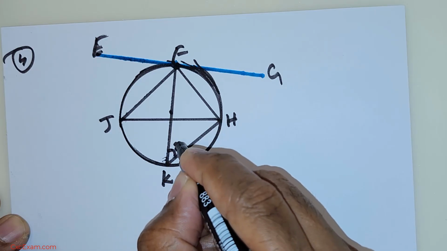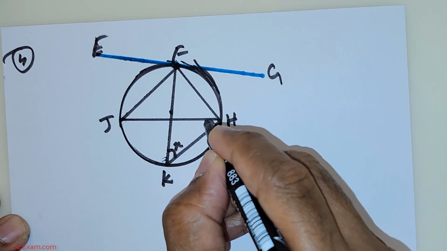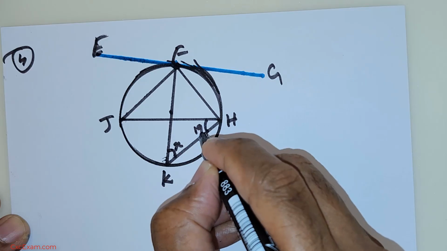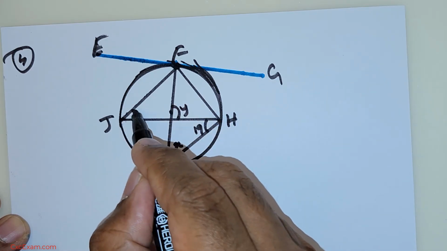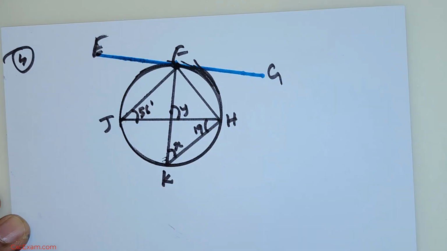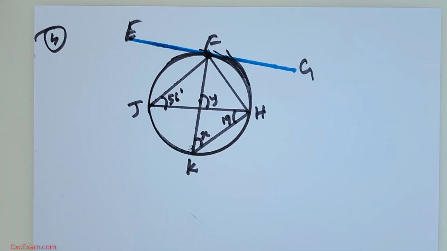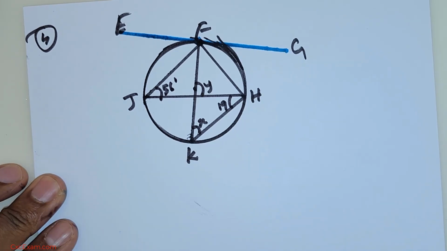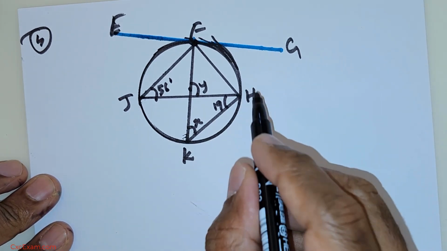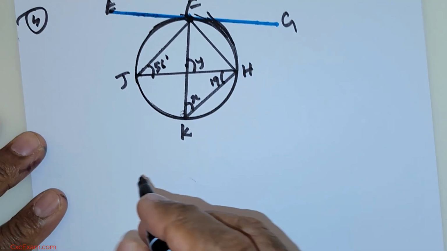We have to find this angle. This is given as X. This is given as 19. We have to find Y, and this is given as 56. Okay, so this is how the image looks. Now clearly you see HF is the chord.